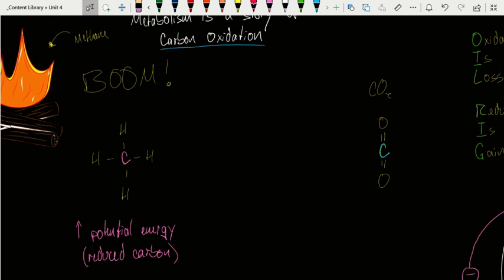Now let's see if we can understand what the difference is. Hopefully by looking at these two pictures you can see one, we've got hydrogen, the other carbon is bound to oxygen. Let's walk this through a step-by-step process. First of all, we know that oxygen is more electronegative than carbon, correct? Whereas hydrogen is about the same.